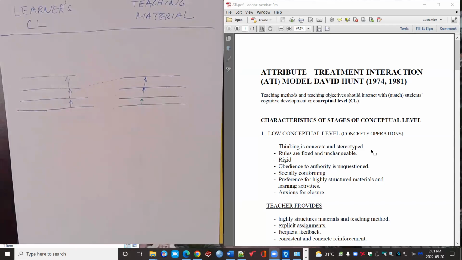In terms of Bloom's taxonomy, they tend to be operating at level 1, knowledge, some comprehension, but remember, their thinking is quite rigid. Rules cannot be changed. Rules are fixed and unchangeable.